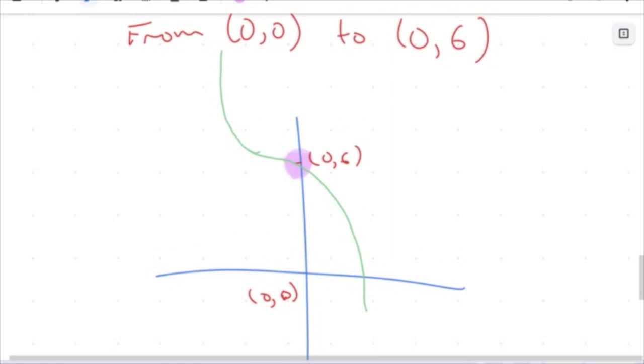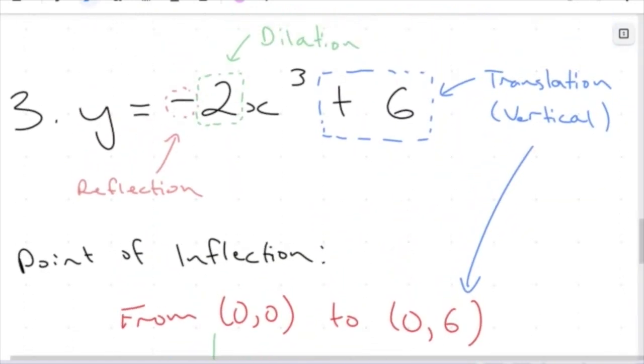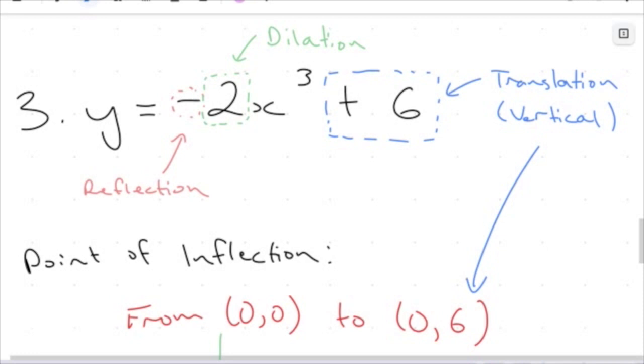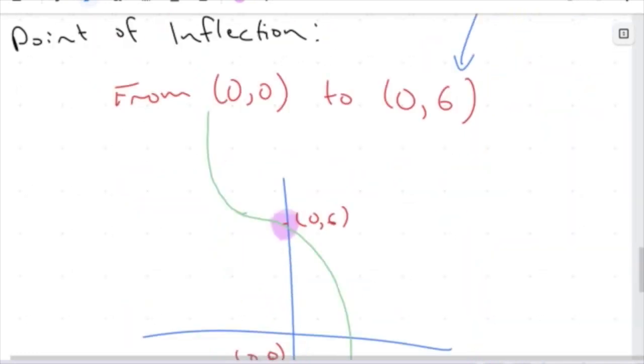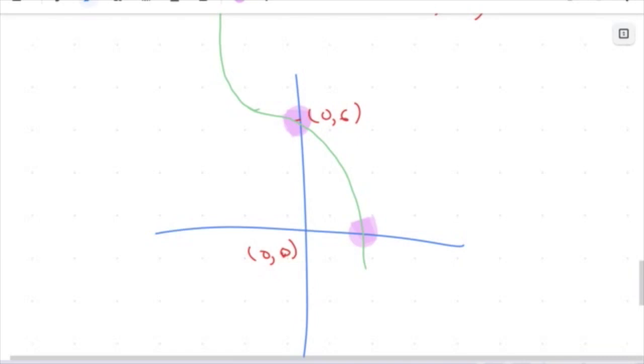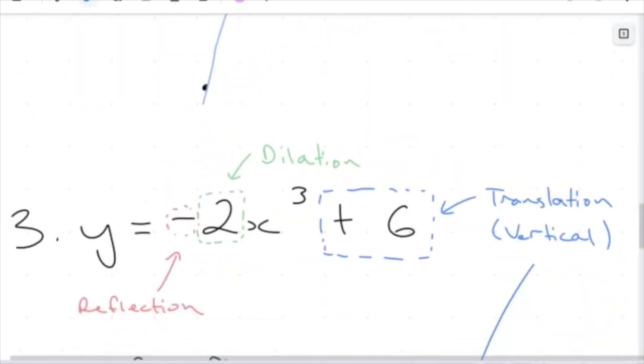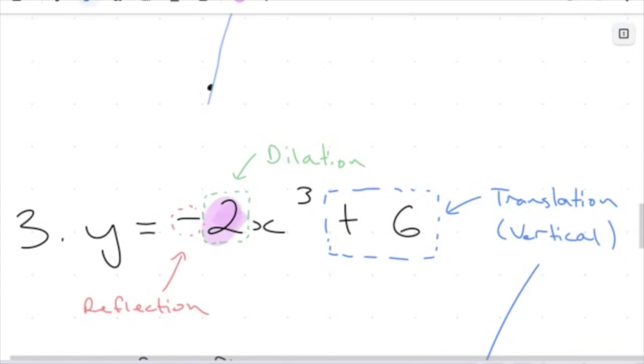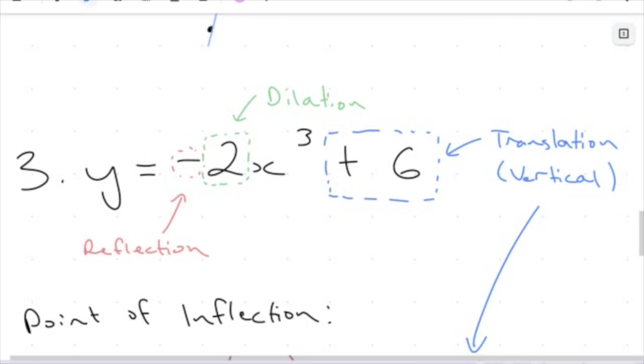We've shown that it has been reflected, and now we just have to put in a point of scale or an x-intercept as well, just to give us an idea of the effect of this dilation, this guy here, on the values of the graph. So remember, with this exercise, all we're doing is sketching these and labeling the point of inflection and the axes intercepts. So that's all I want us to get out of this particular video.